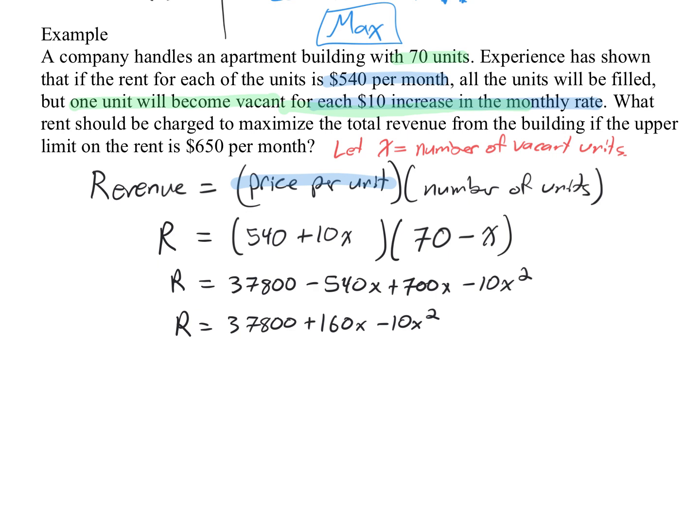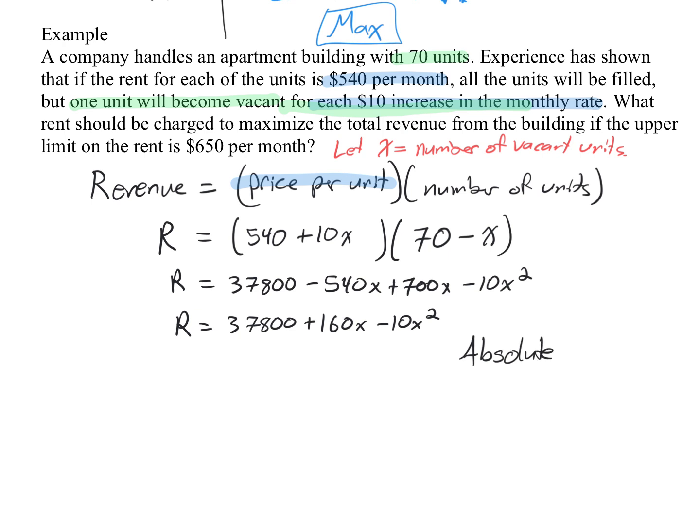All right, now that I have the revenue function, let's reread the question that was being asked. What rent should be charged to maximize the total revenue if the upper limit on rent is $650 per month? Okay, I'm going to start setting up a table over here, but there's some work I'm going to have to do in the meantime before I finish filling out the table.